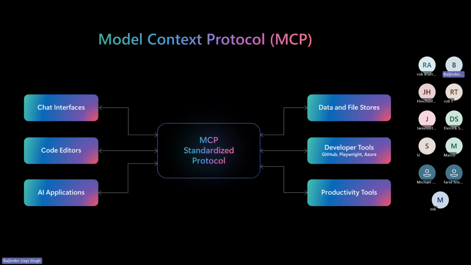So MCP, or Model Context Protocol, standardizes how these AI agents discover and use enterprise tools and data. And this is going to be the focus of our session. One thing I would like to emphasize here, standardizes. So MCP is not a product, it's not a platform, and it's not a framework.